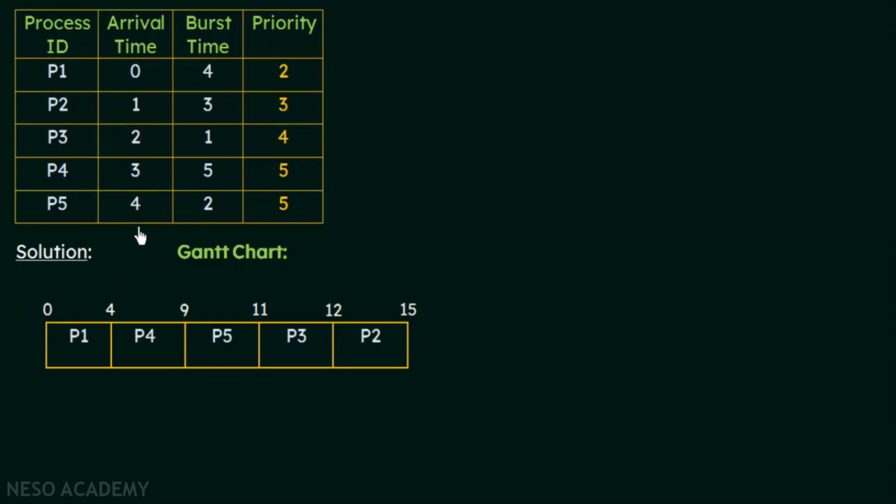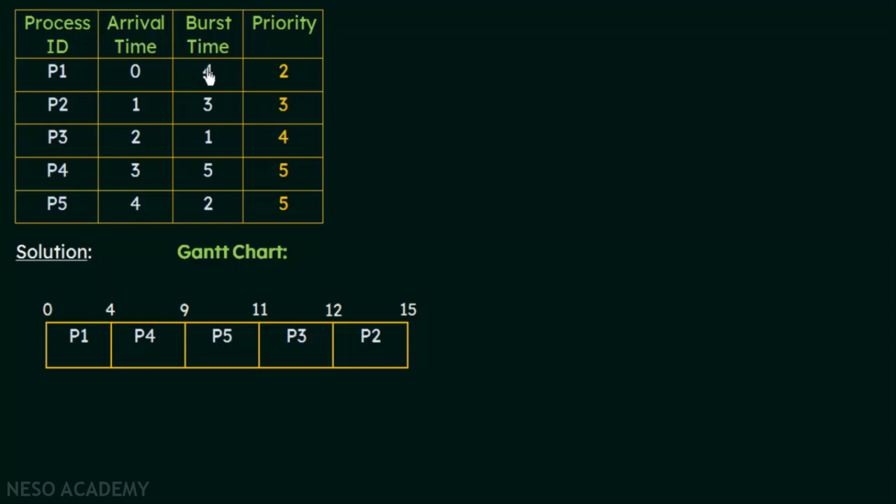And if you check the priorities, we see that P2 has a priority of 3, P3 has a priority of 4, and P4 and P5 both have priorities of 5. All these priorities are greater than that of P1, which is 2. But even then, P1 will not be disturbed because this is non-preemptive priority scheduling. So when P1 was executing from 0 to 4, all these other processes have already arrived and are now waiting in the ready queue. Alright, now at the 4th millisecond, P1 completes its execution.